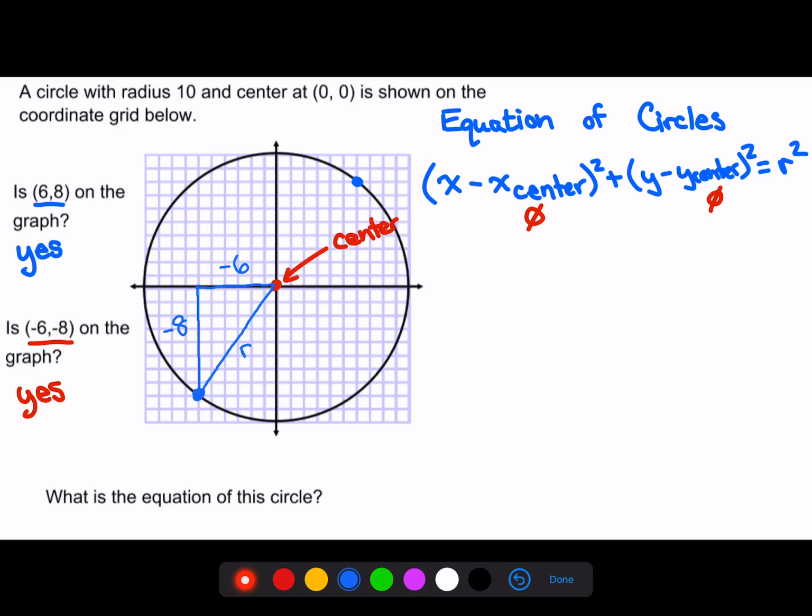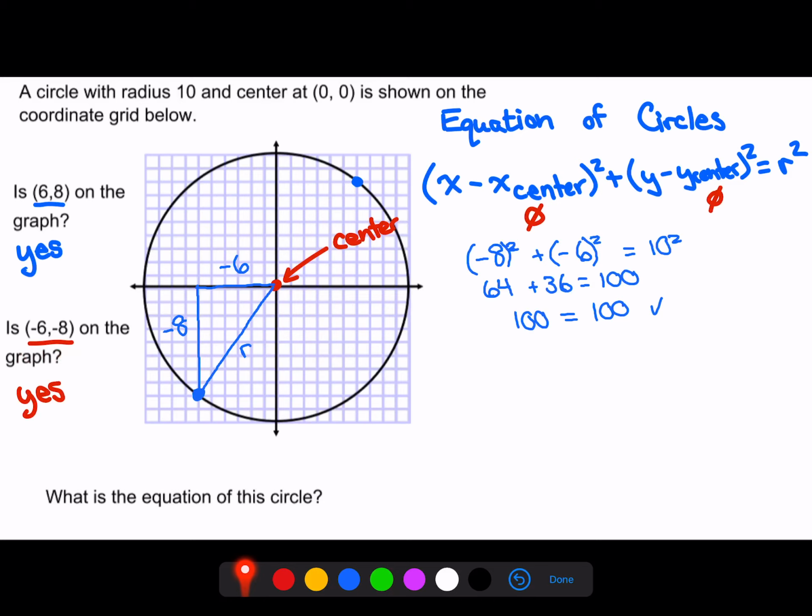And that gives us (-8) squared plus (-6) squared equals 10 squared. Now, if you're going to do this on the calculator, make sure that you put parentheses around the negatives, or else it won't count that negative. And that gives us 64 plus 36 equals 100 once again. So we're left with 100 equals 100. So yes, both of them fall on the circle.